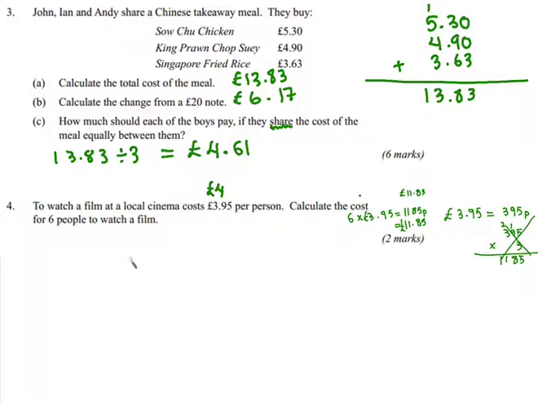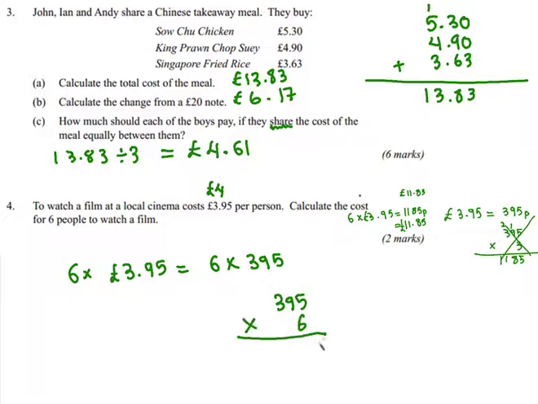So we have to do £3.95. Same again, 6 lots of £3.95, which is 6 times 395. 395 times 6. I won't bore you.